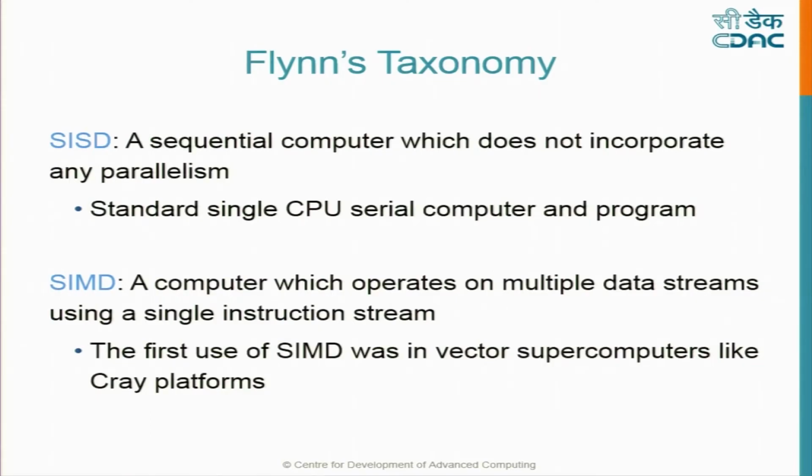Then comes single instruction but multiple data, which means you have a computer which operates on multiple data streams. A good example of this is, let's assume you are processing the graphics on the screen. Let's say there are 1000 pixels by 1000 pixels on the screen. You can tile it.